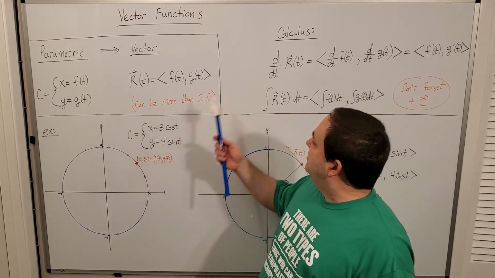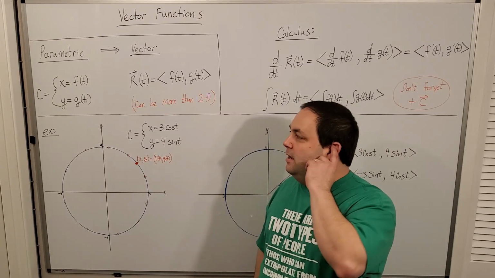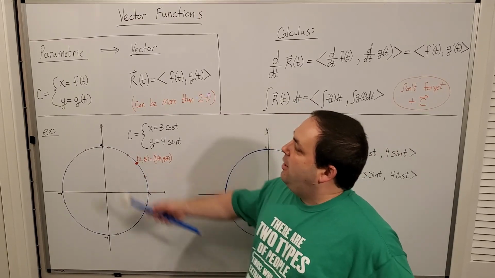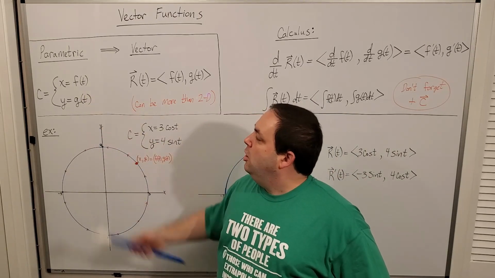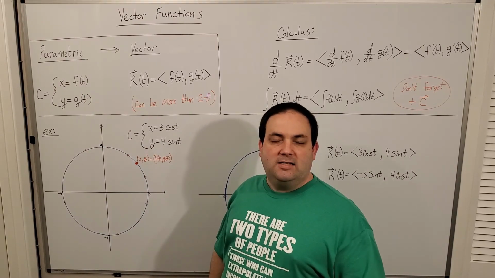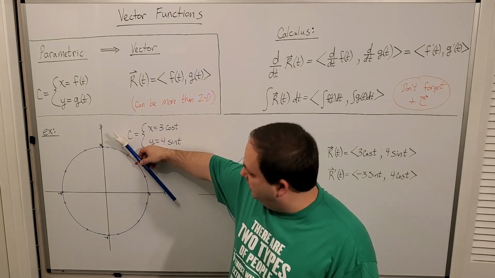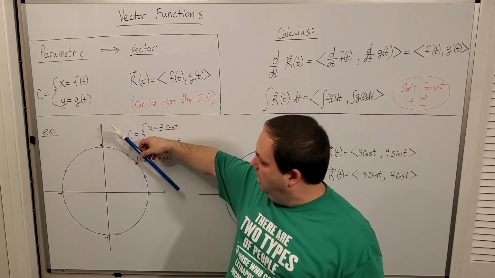The calculus that's involved with vector functions is not that much different either, except that when we were doing parametric functions, remember, we still had the goal of looking for dy dx as our quote-unquote main derivative. And that's because we were only doing tangent lines on the curve.